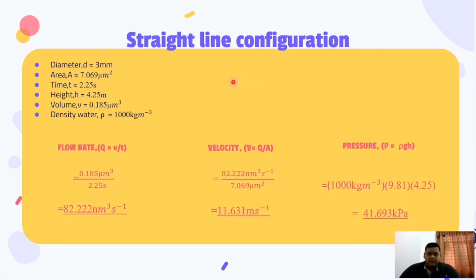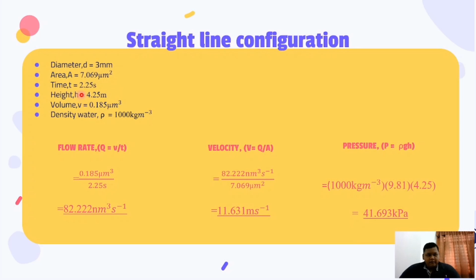Next, we go to the straight line configuration. Alright, for this project straight line, the diameter that we use is 3 mm. Area that we use is 7.09 micrometer square.